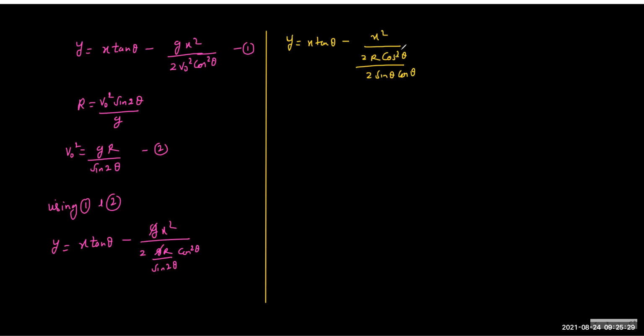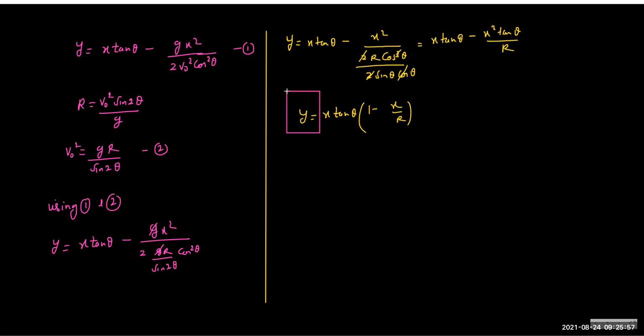You can see that this cos will cancel out, this 2 will cancel out, and what we have is sin by cos by sin, which will become exactly x tan theta minus x square tan theta by r. So the formula looks really nice if we take x tan theta common. It becomes 1 minus x by r. That's simple.